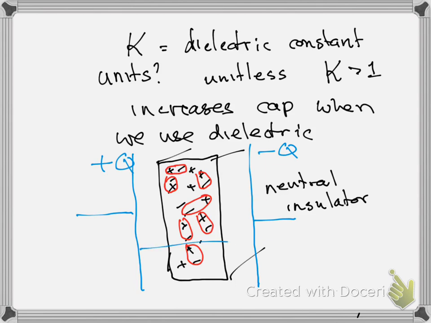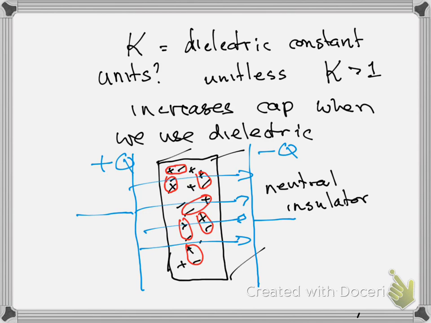The electric field points from plus to minus, right? So what is this electric field going to do to those dipoles? The electric field is going to push to the right on the positive charges and push to the left on the minus charges.